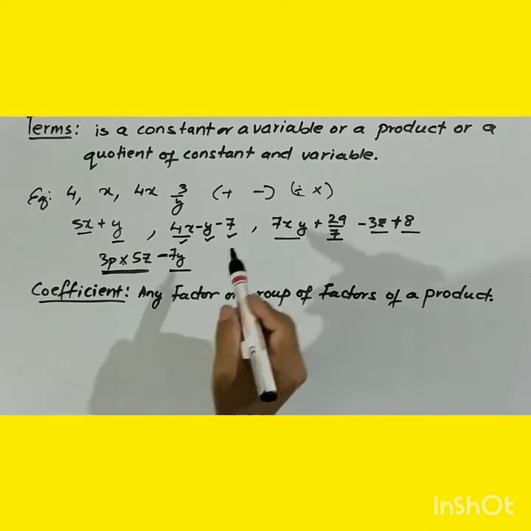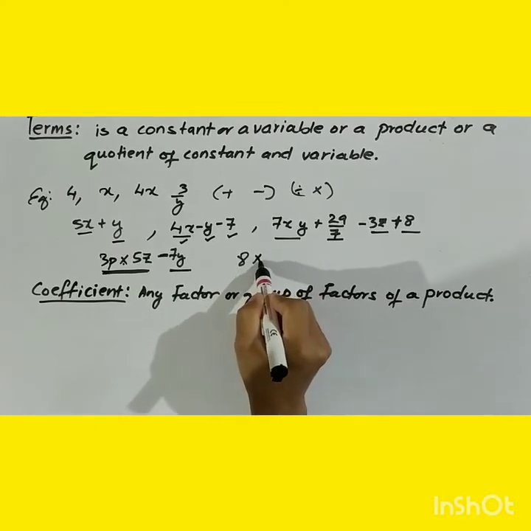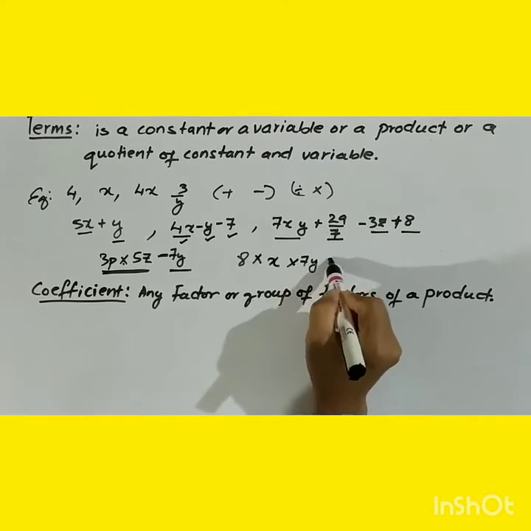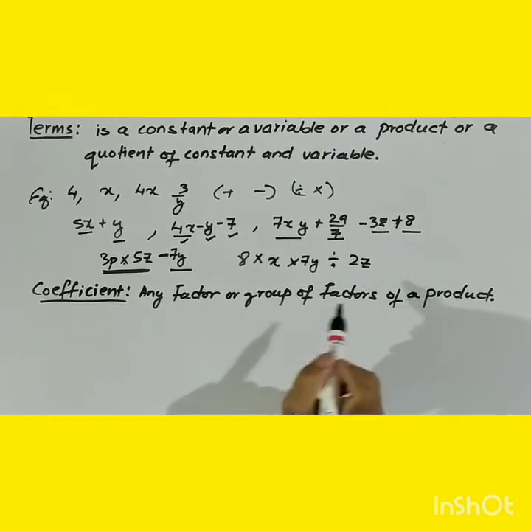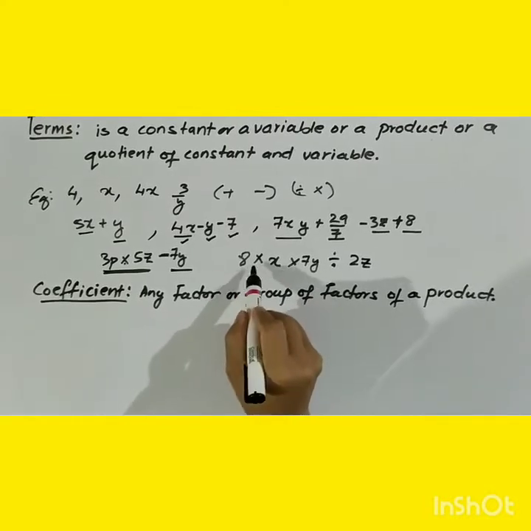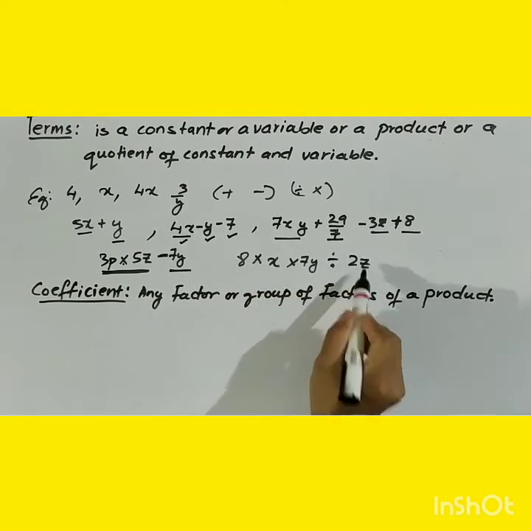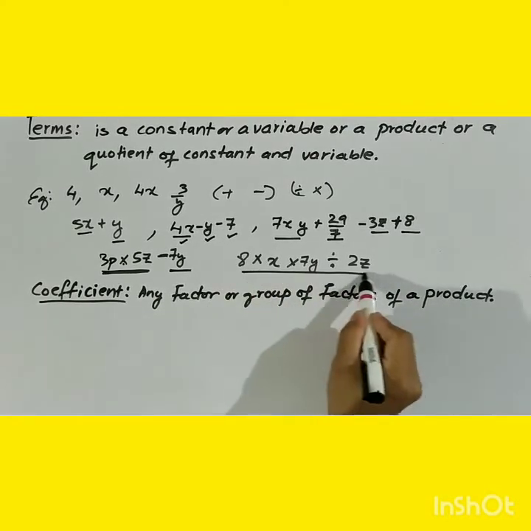Okay, one more example. Let's say 8 into x into 7y divided by 2z. Okay, now how many terms are there? 8 into x into 7y divided by 2z, right? How many terms are there? There is only one term.